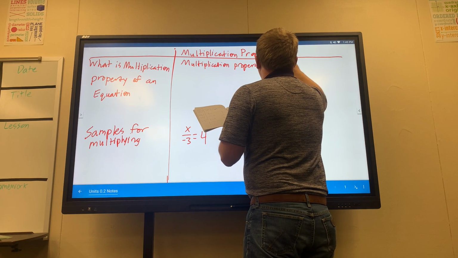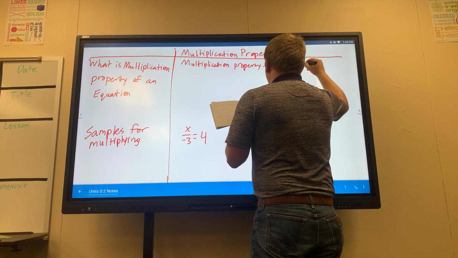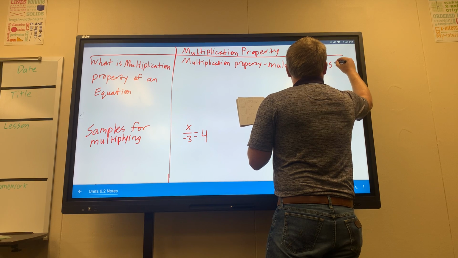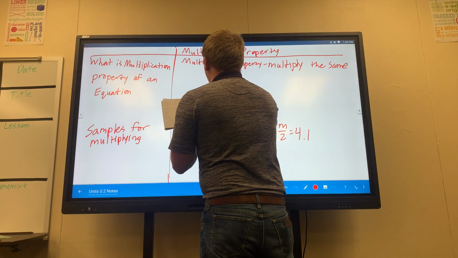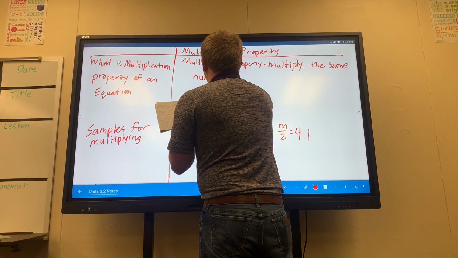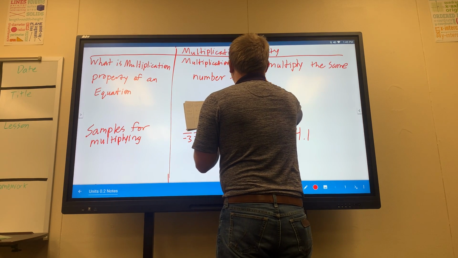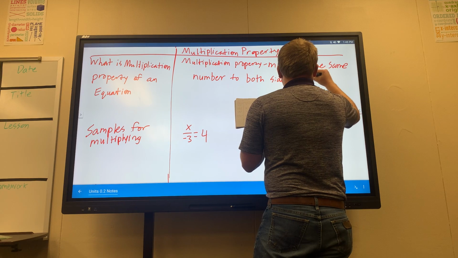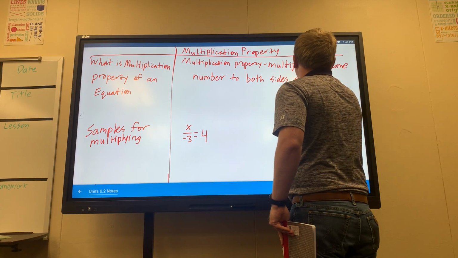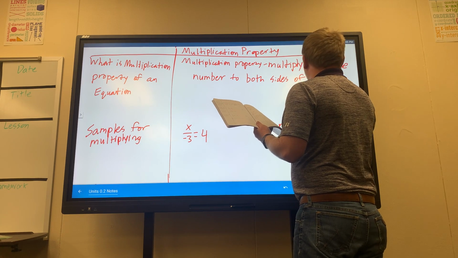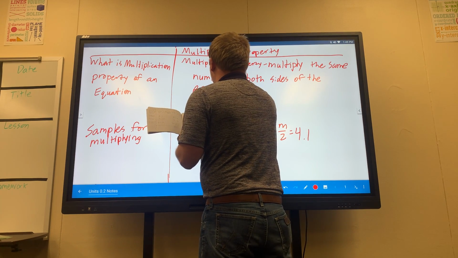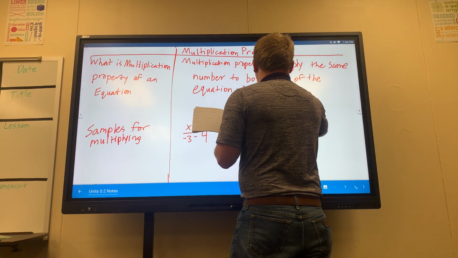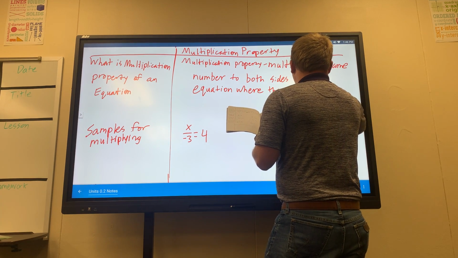The definition is to multiply the same number to both sides of the equation where they remain equal.